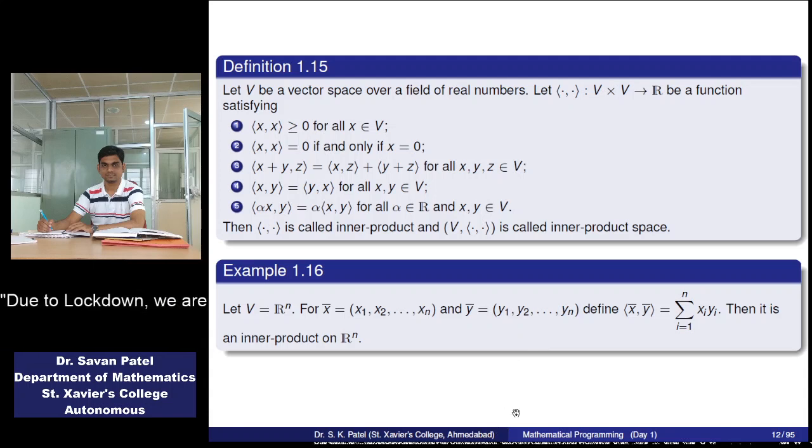So Rn with this is an inner product space, and we will deal with Rn only, especially for mathematical programming. So we will be with this inner product only. But I am discussing several other things related to inner product.